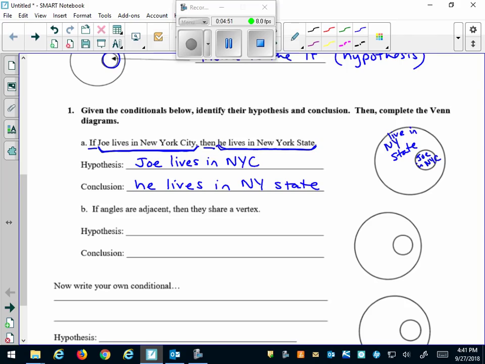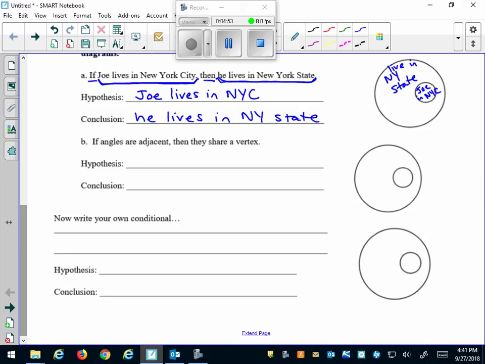All right, if angles are adjacent, then they share a vertex. Hypothesis, again, the part that comes after the if: angles are adjacent. Conclusion: they share a vertex.